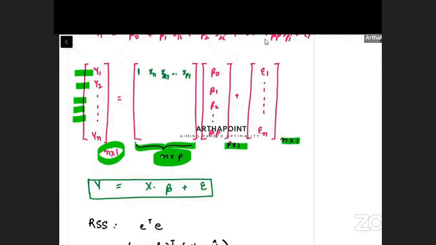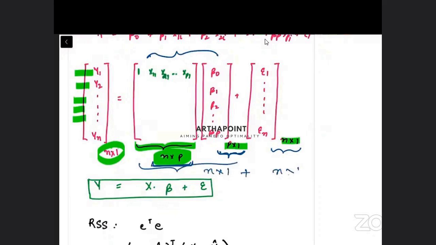Now think about the matrix multiplication. Suppose I have n errors and I have a p cross 1 matrix of the parameters. So what must this be so that you get this multiplied? I want the product to be n cross 1, then only I can add it to n cross 1. Since this is p cross 1, the X matrix must be n cross p.